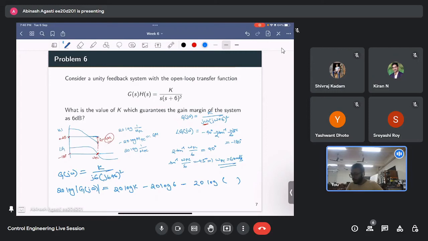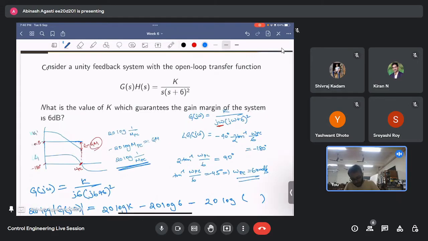Okay, so then when I substitute, what did we say? The gain margin was 20 log 1 by this, or basically the negative of this.